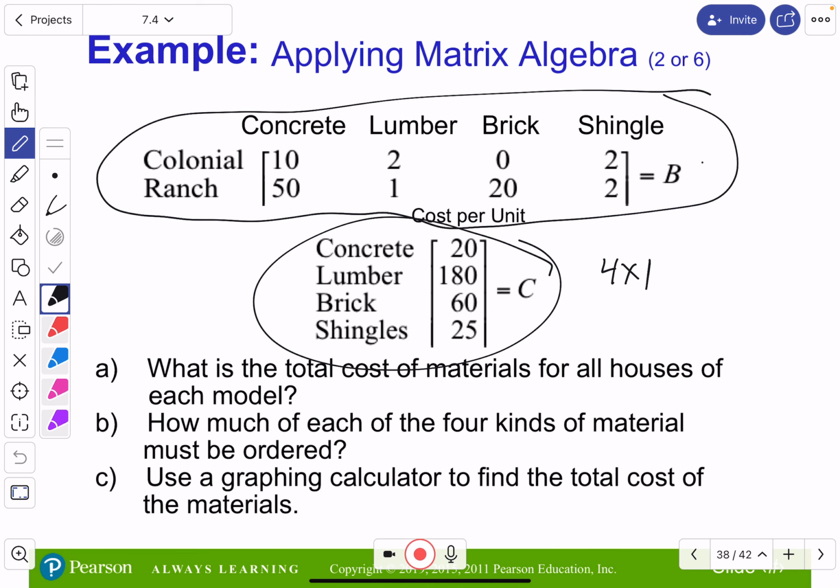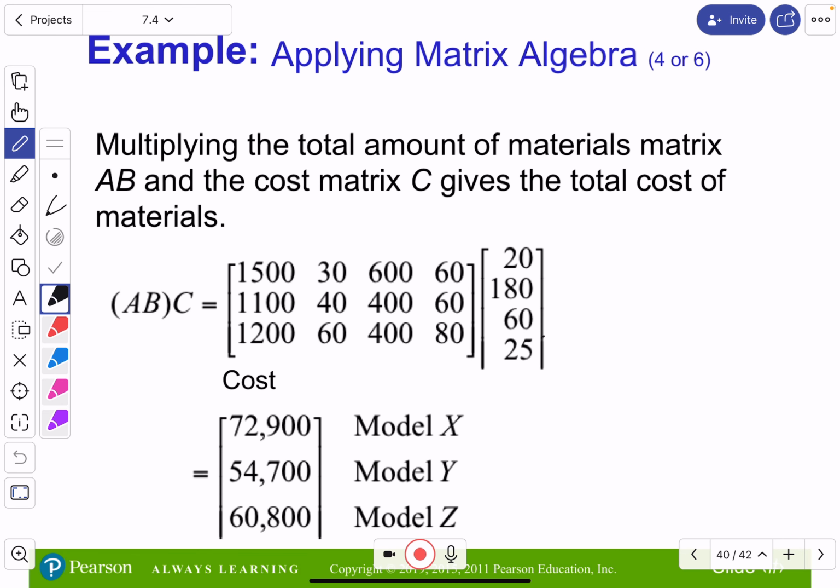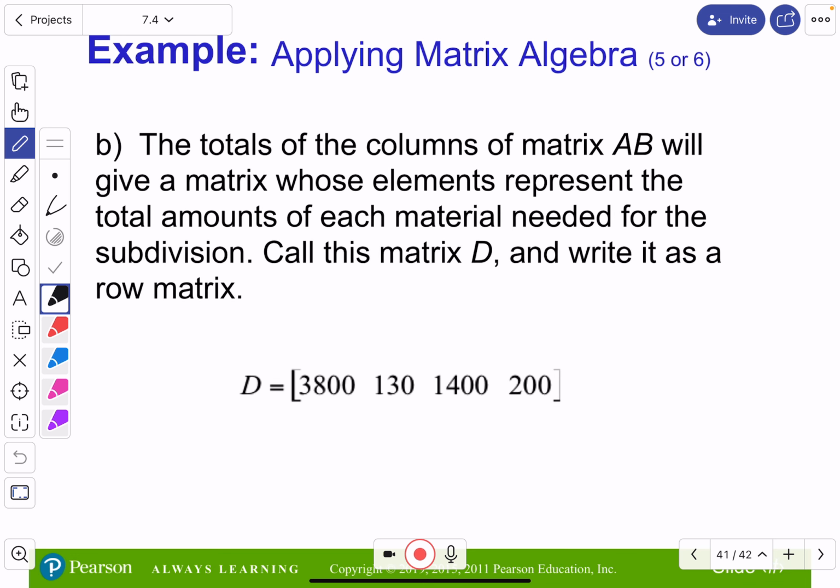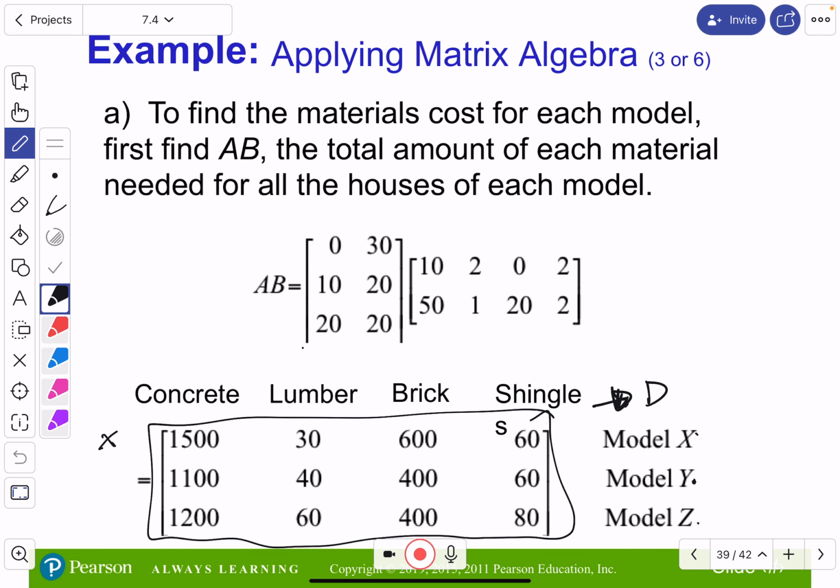So that was A. That was how we found the cost. We multiplied and then took our answer and multiplied. How many of the materials do we need is the next question. Let's try E. So the totals of columns of matrix AB will give a matrix. If we take this one right here that we stored as D and we total each column, this would be 3,800.